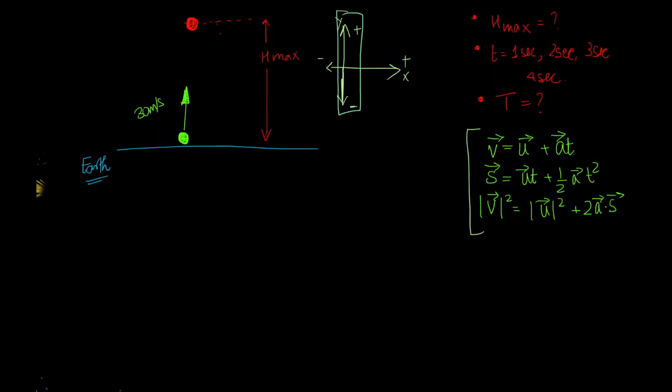Alright, so what do we know about the ball right now? Our agenda in hand is to find h max, or the height at which the ball stops moving. That's the height at which the ball's velocity is 0. So v, whatever this is, is 0 at this point, and v here is going to be 30 meters per second. Now, v is a very general variable I'm only using in the diagram, not in the equations.